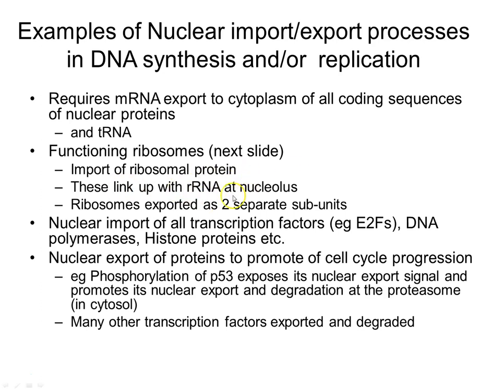They link up with ribosomal RNAs at the nucleolus, and then the ribosomal subunits are exported using nuclear export out through nuclear pores. The sorts of proteins we're interested in, E2F transcription factors, any transcription factors really, they all are made in the cytosol and imported into the nucleus to do their work. Histone proteins are imported, as are your DNA polymerases.